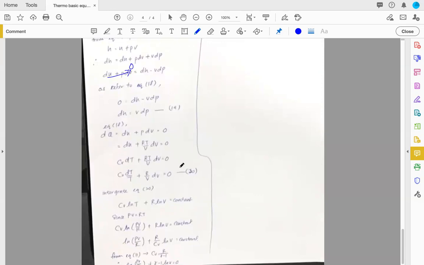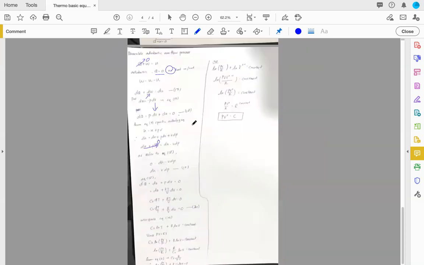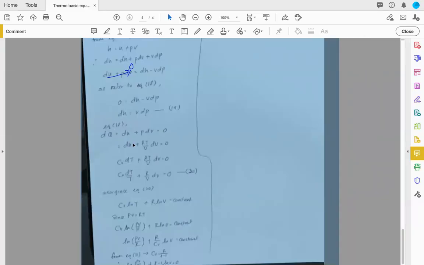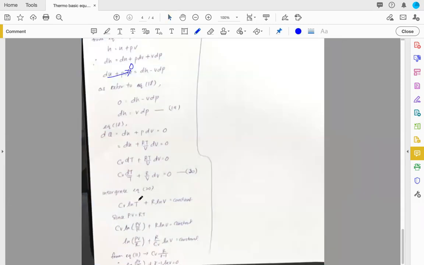So when I do the integration of equation 20, I have Cv ln T plus R ln V equals constant. I also can put PV equals RT to replace the T. I can put this inside here. So then I have Cv ln (PV over R) plus R ln V equals constant.